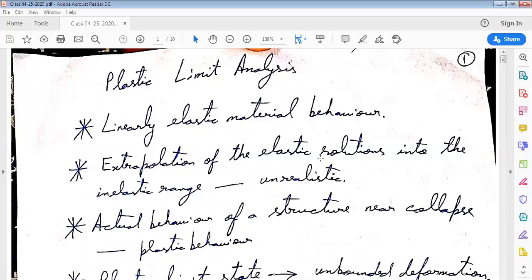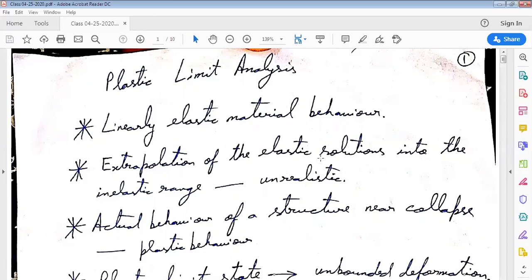Up till now, we have been discussing about linearly elastic material behavior. Linearly elastic material behavior means stress is directly proportional to strain, and the behavior between stress and strain is linear.